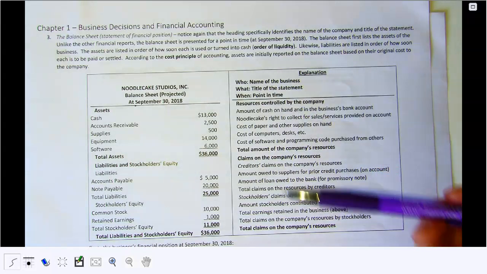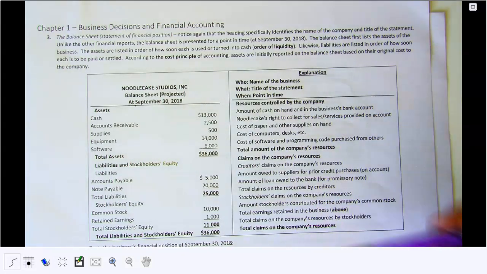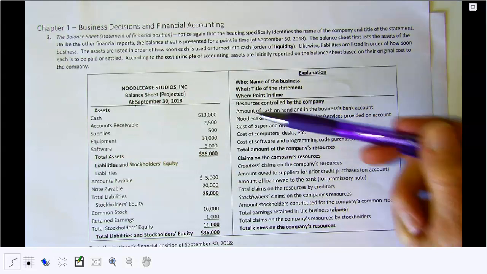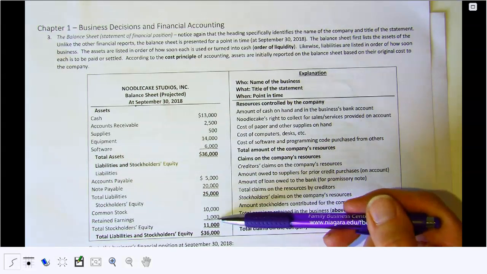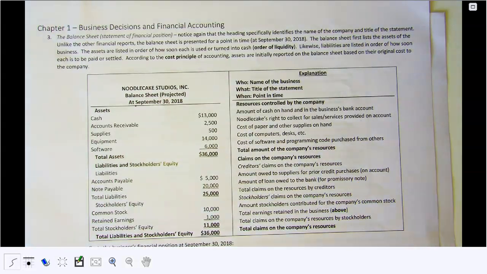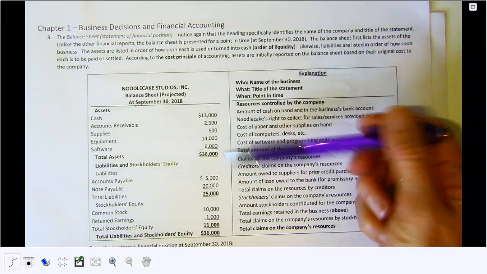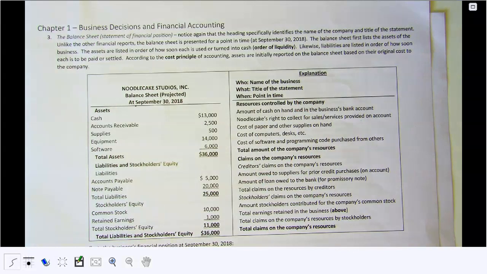And by the way, the format you're looking at here is called the report format, where we've got the assets listed first, then liabilities and stockholders' equity listed below. When you do some of the problems in Connect and when you watch some of the problem demonstrations, we'll be using something called the account format, which shows the assets on the left and the liabilities and equity on the right. You get the same totals, it's just that they're displayed a bit differently.